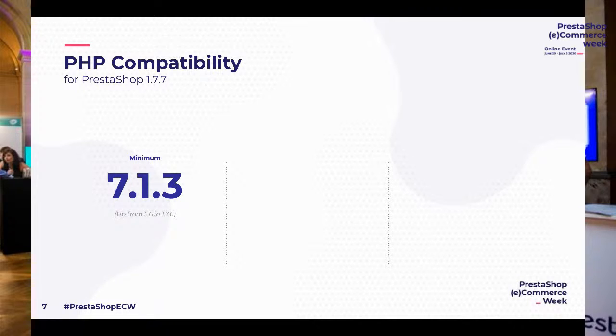So we said that we were going to support the oldest PHP version we could, as long as the libraries that we use in PrestaShop also supported it. It was impossible for us to support newer versions of PHP while keeping compatibility with very old versions like 5.6. So we upped the minimum to 7.1.